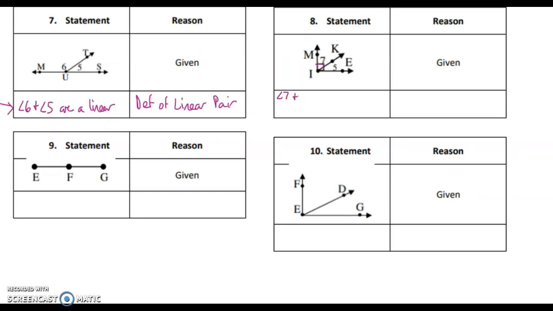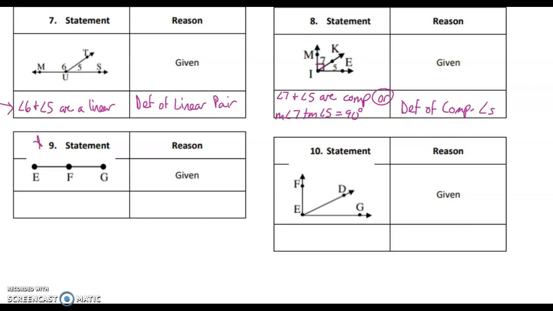I could say angle 7 and angle 5 are complementary, or I could say measure of angle 7 plus measure of angle 5 equals 90 degrees. Either way, it's because that's the definition of complementary angles. That's literally what it means to be complementary angles: two angles that add up to 90 degrees.